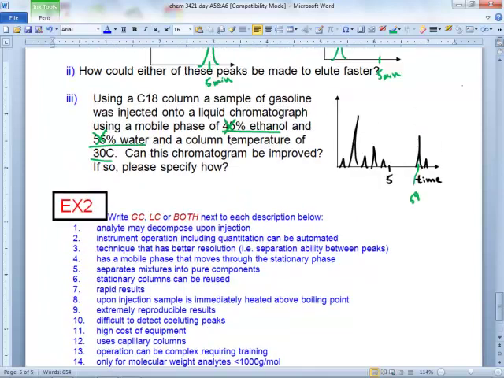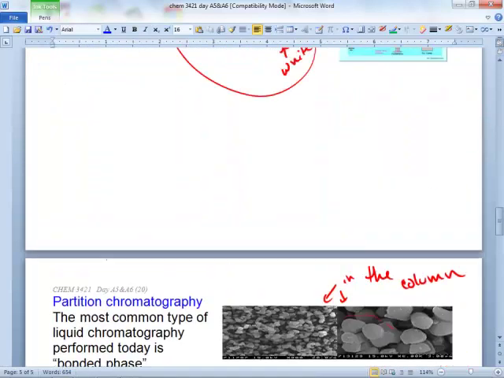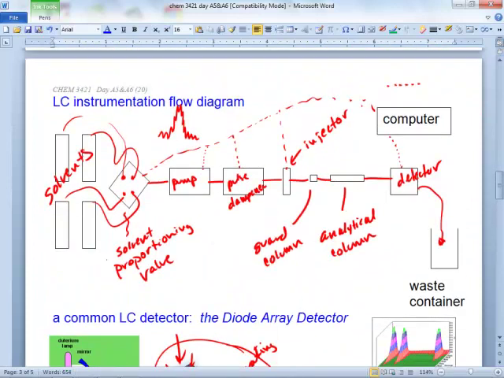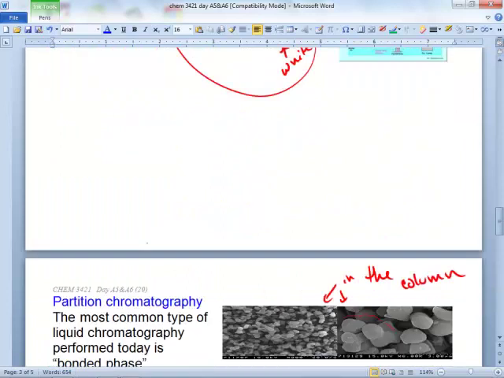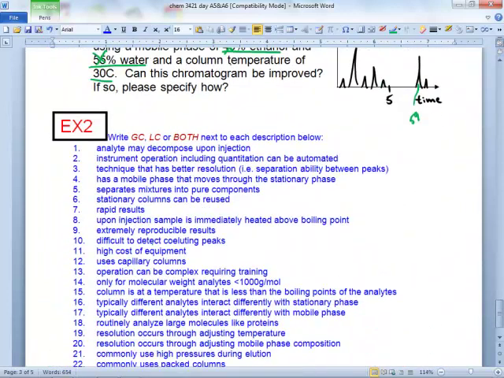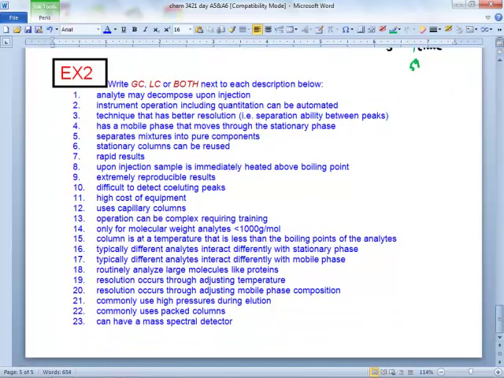Both. Now, if you answer both, is there a place for my little sample to decompose? No. Right? You're just injecting it right into the mobile phase. So the answer would be GC. Okay. Keep going. Miriam.